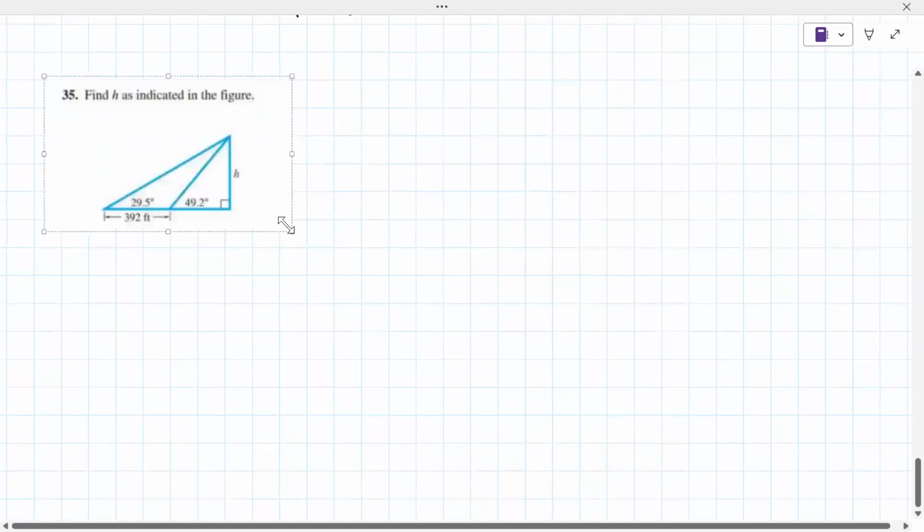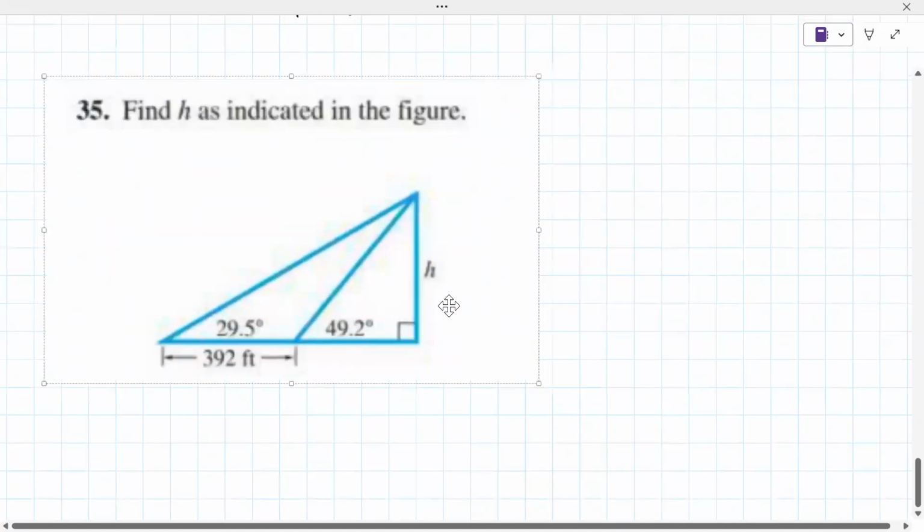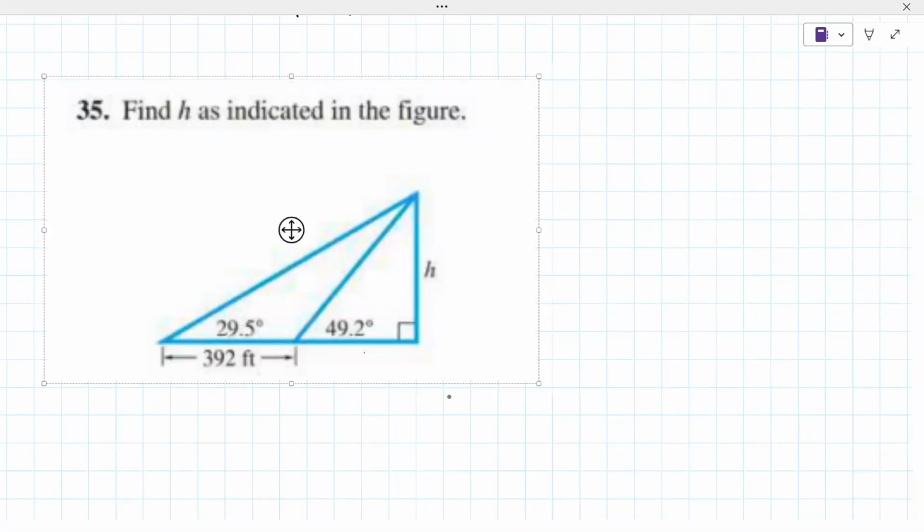Got it. All right. So there's two tangent equations. Go ahead and call this x.